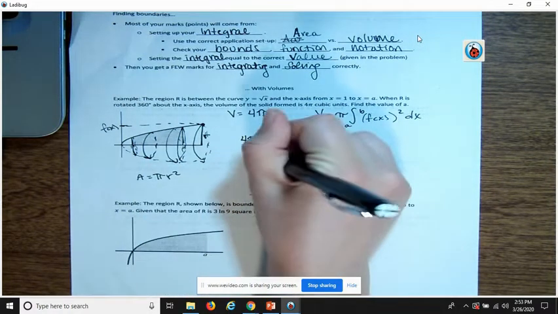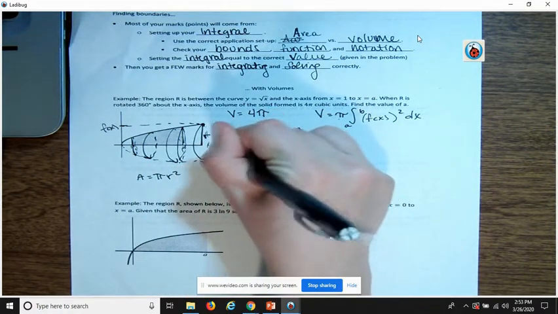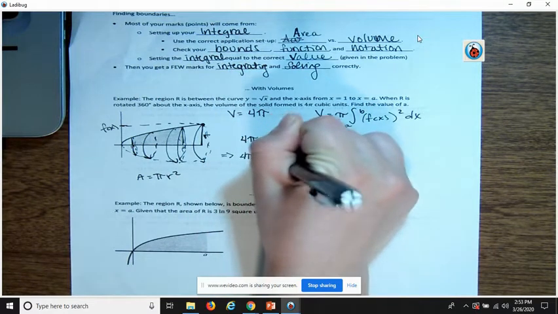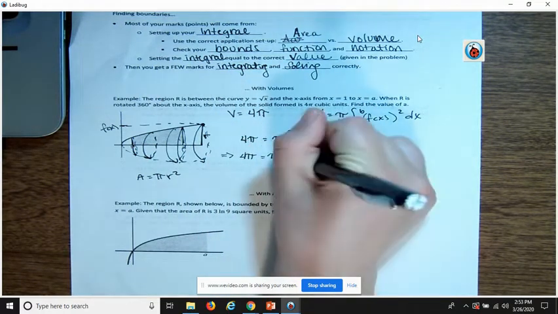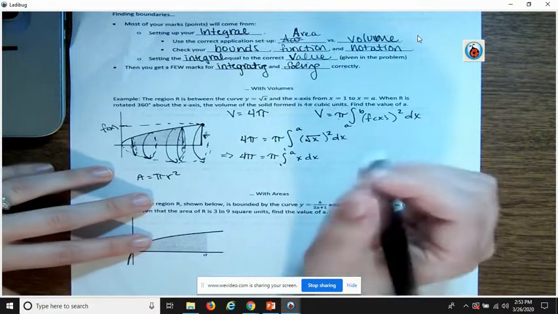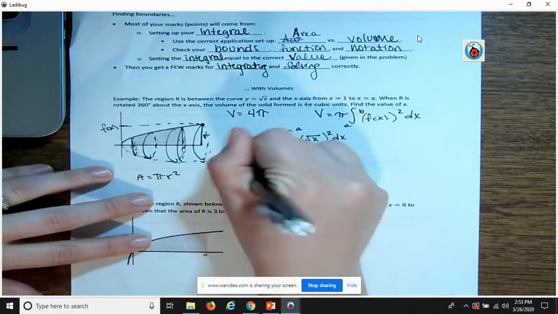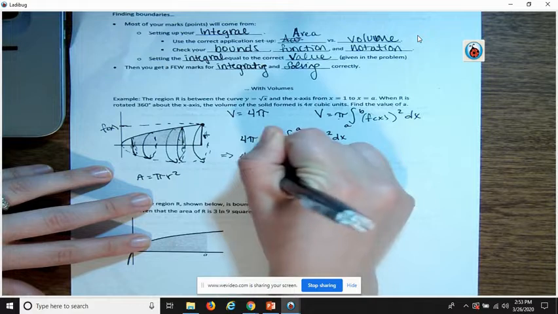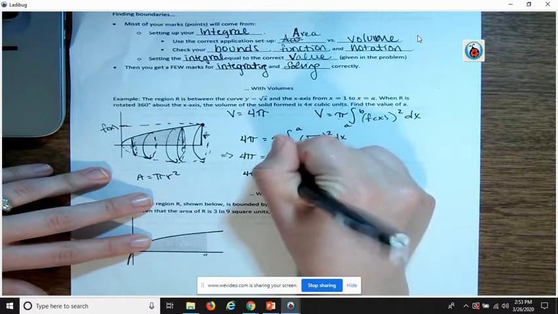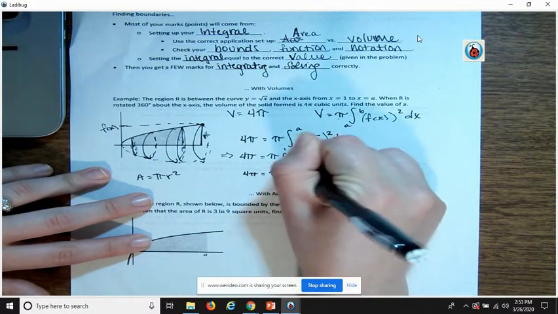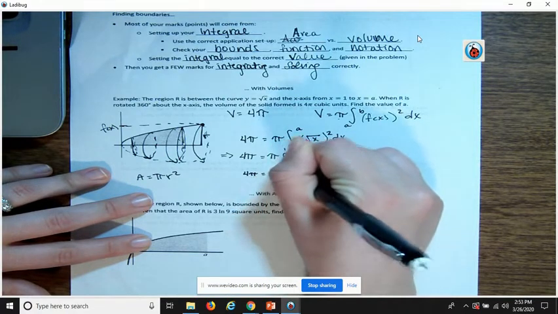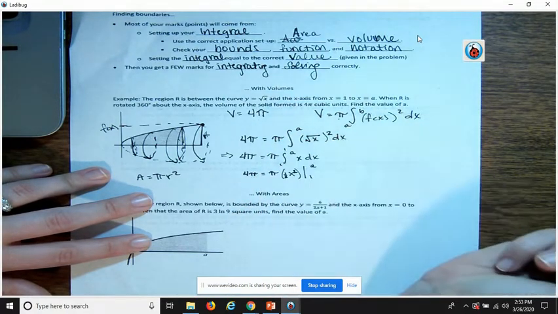So this should give me that 4 pi is equal to pi times the integral from 1 to a of x dx. When I actually integrate this, I get 4 pi equals pi, and I'm going to have x squared over 2 from 1 to a.